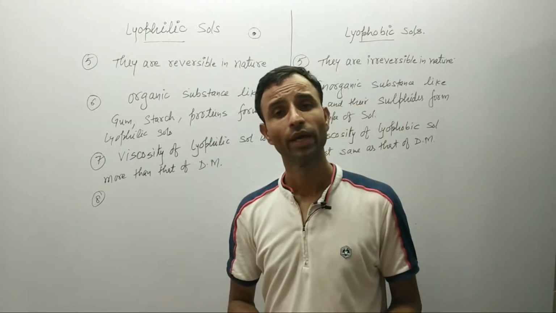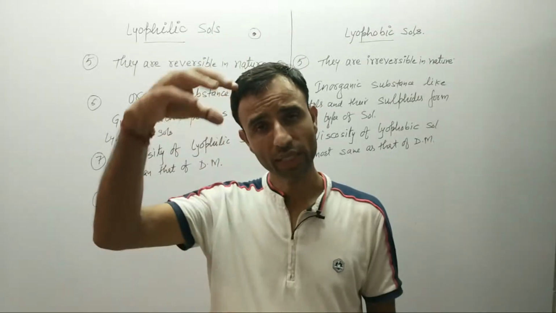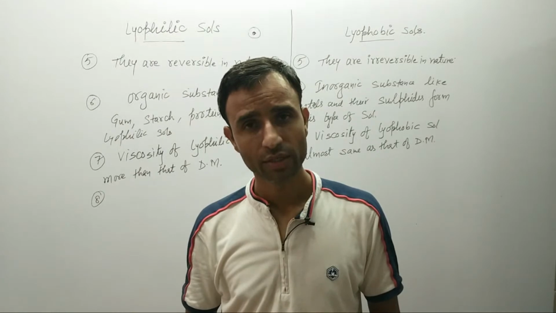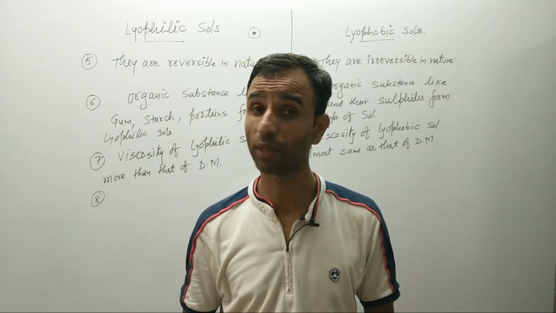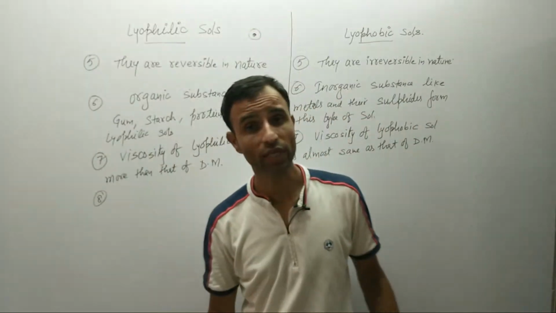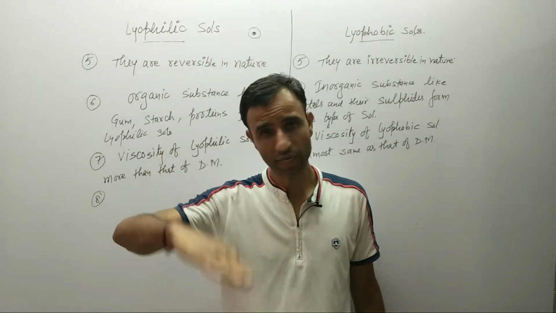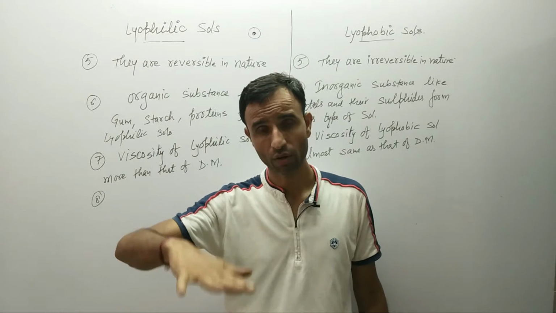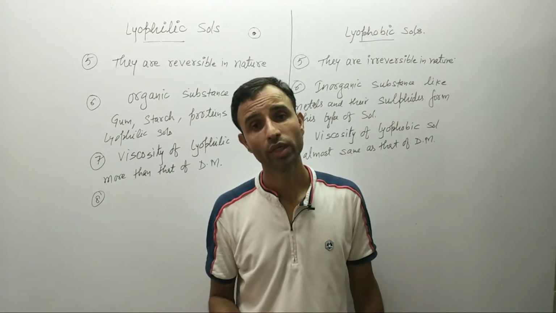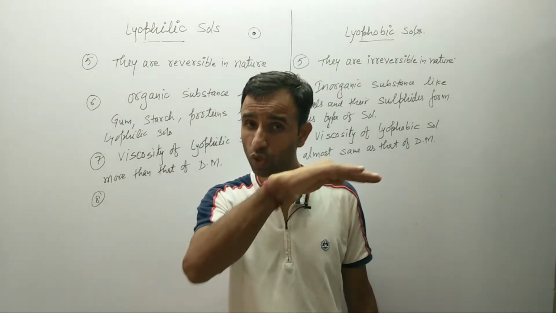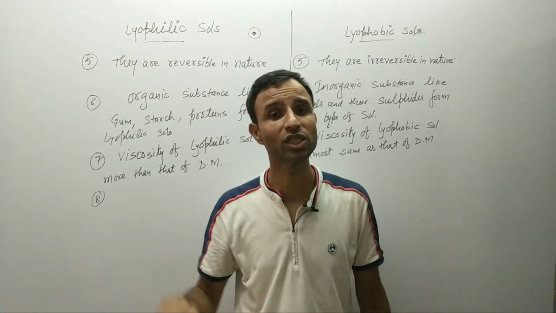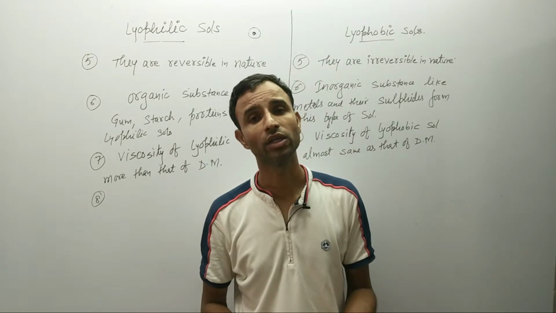When particles adhere on the surface, surface tension decreases. In a lyophilic sol, the dispersed phase particles are very much into the dispersion medium and interact with it, therefore balancing the unbalanced forces.